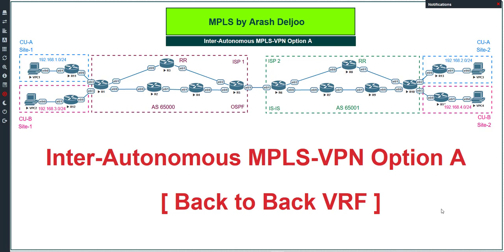Don't forget, it is possible in many cases that you encounter this type of scenario as an MPLS VPN engineer. For example, you are working in one provider and you have some customers, but the other sides of your customers are connecting to another ISP, for example, in some cities.